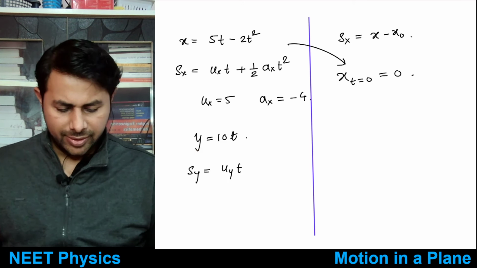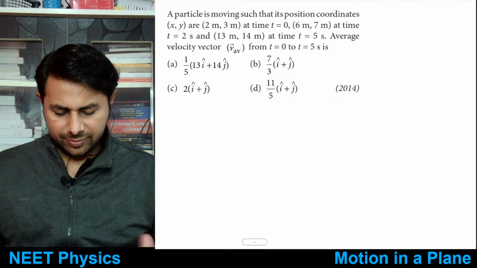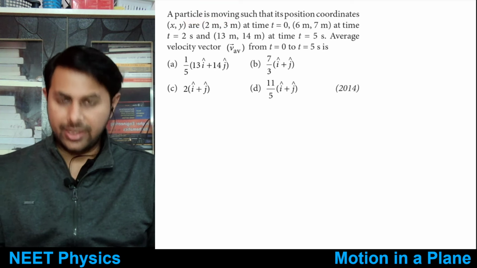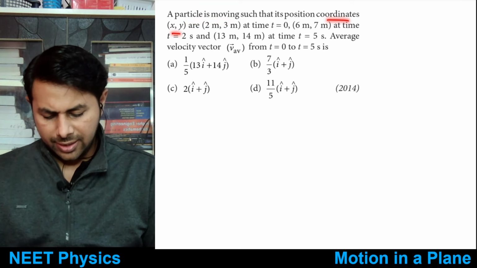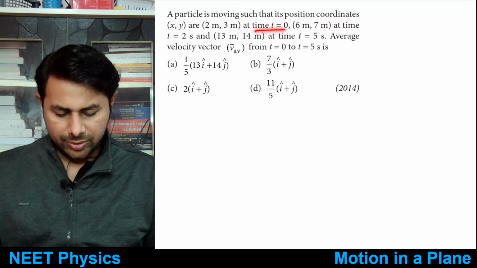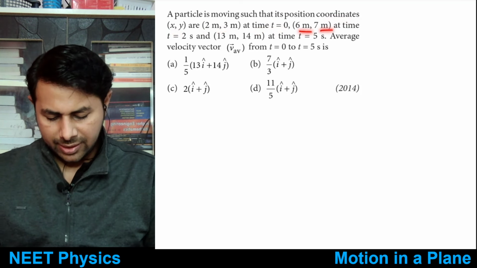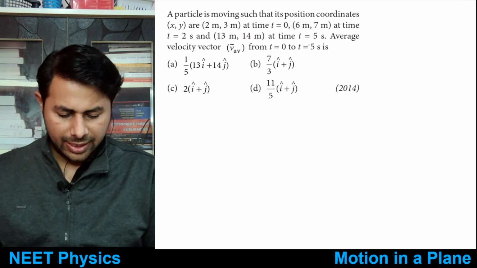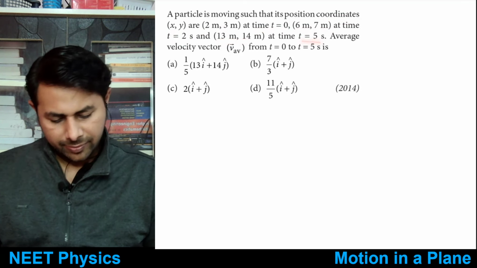Okay, good. All right, let's see the next one. A particle is moving such that its position coordinates x and y are 2 meter, 3 meter at time t equal to 0, 6 meter, 7 meter at time t equal to 2 seconds, and 13 meter, 14 meters at time t equal to 5 seconds.